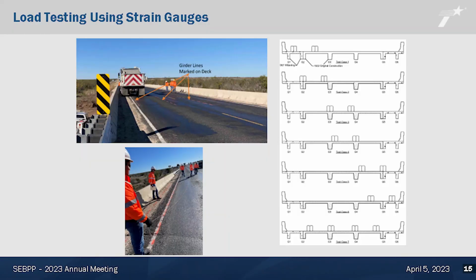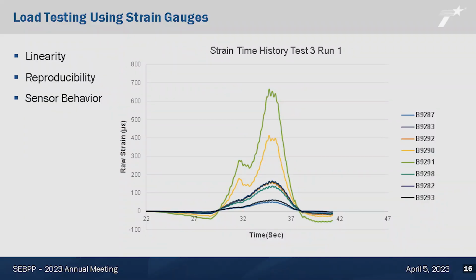At the site, we were able to review our measurements to make sure that we had linear response, and that we performed the same loading configuration a couple of times to make sure that we had reproducibility of the results. And then we were able to quickly look at the results to make sure that the sensors were behaving properly, that they were returning to about zero after the load was removed.